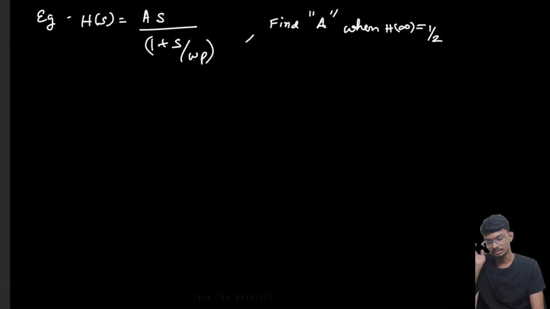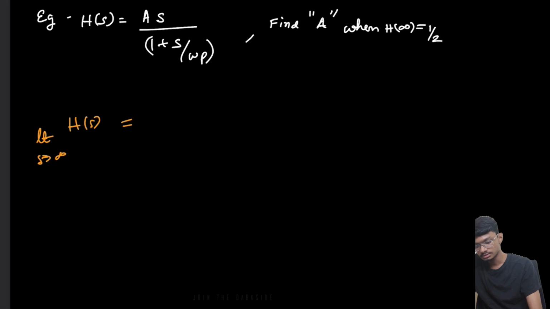Now let's take an example. Here, exactly what I was talking about, there is a zero at s equal to 0, right? Now if we put s equal to 0, then we won't be able to find the DC gain. So what we will do is take s tending to infinity. Now if we take the limit as s tends to infinity for this H of s, basically only the coefficients of s will remain.